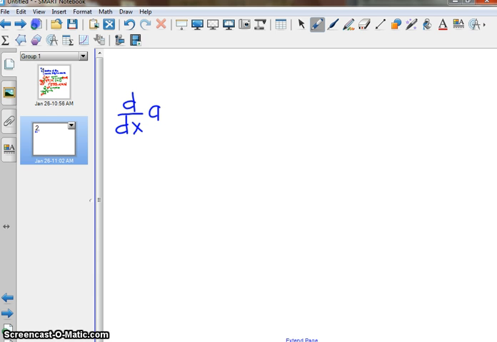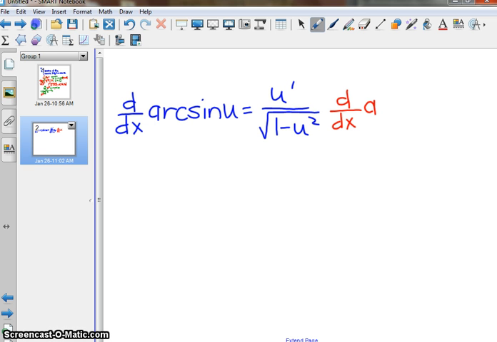The derivative of arc sine u is u prime over the square root of 1 minus u squared. The derivative of arc cosine is negative u prime over the square root of 1 minus u squared.